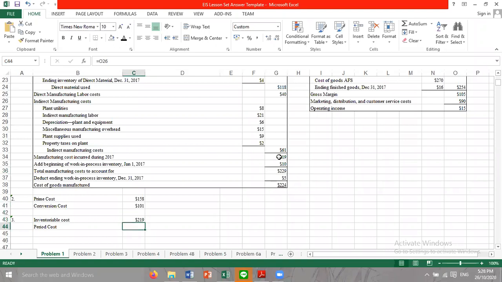That's for inventoriable costs. For period costs, is practically all costs in the income statement other than cost of goods sold. Once again, the only cost that's not considered cost of goods sold in this question is the marketing, distribution, and customer service costs. So it will be $19. Period cost will be $19.